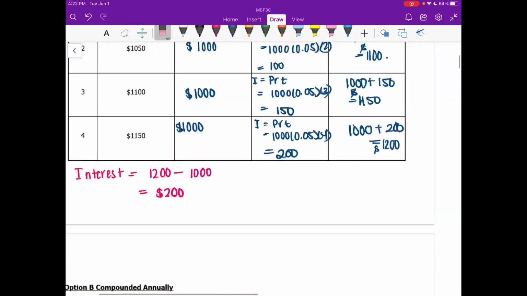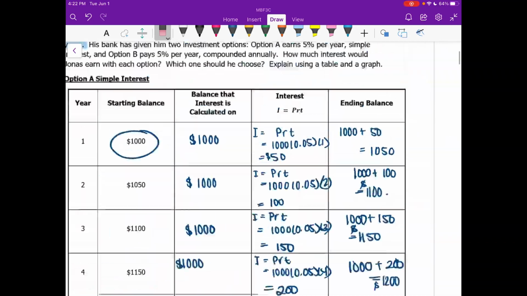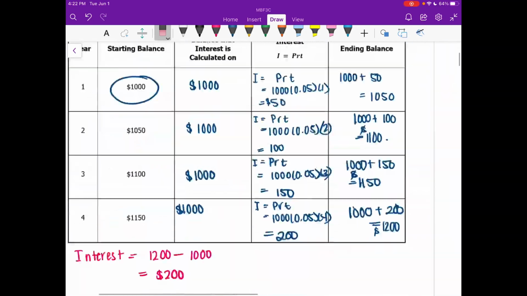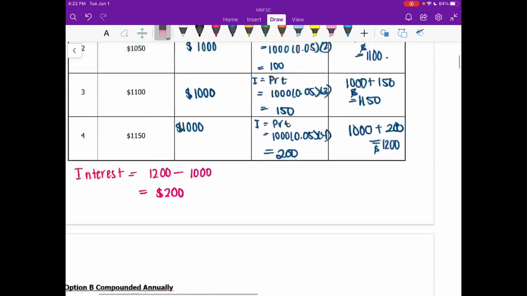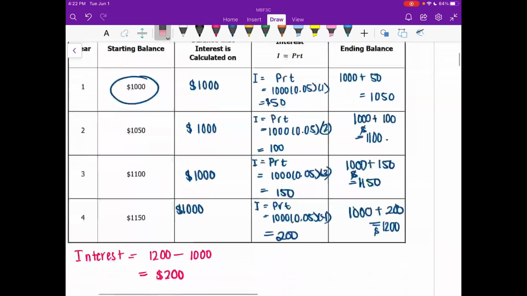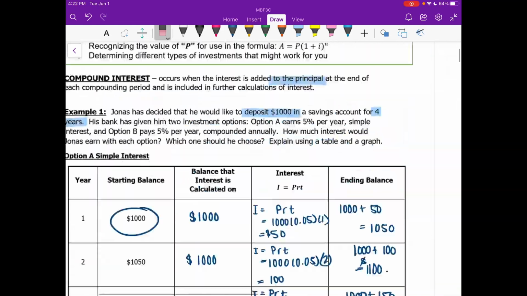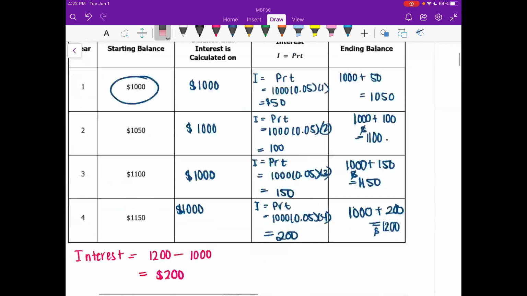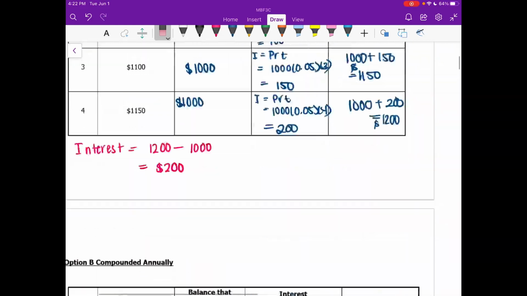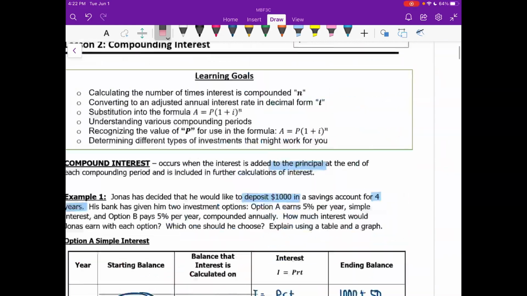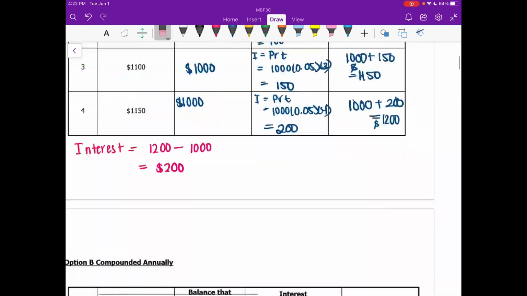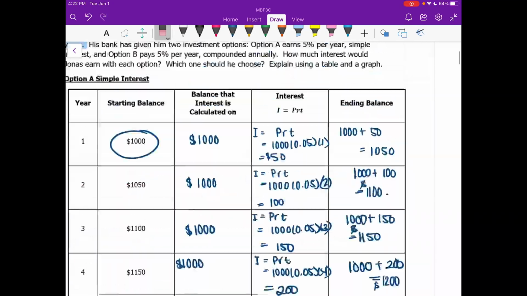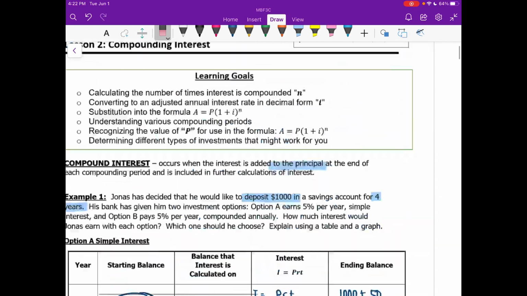You can also just go back up to the chart and look: if something is compounded monthly, I need to multiply the number of years by 12 in order to get my n. You can use this chart, and it will be available to you during an assessment. So let's try one. What's the value of n if the loan is compounded monthly for 3 years?